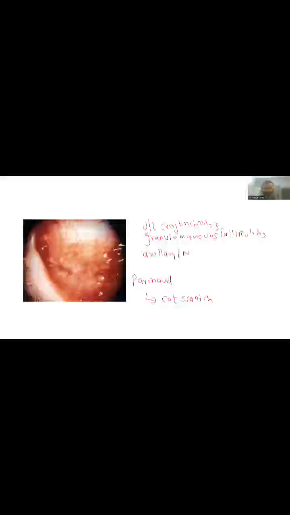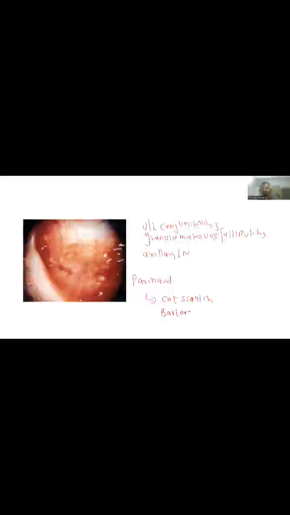That is Parinaud syndrome, which is associated with multiple infections like cat scratch disease or tularemia or sporotrichosis or tuberculosis. But the most common cause of Parinaud oculoglandular syndrome is cat scratch disease, which is caused by Bartonella henselae, which causes necrotic stellate granulomatous infection.